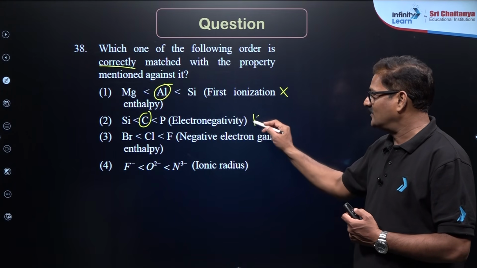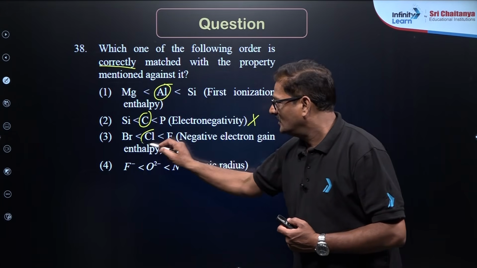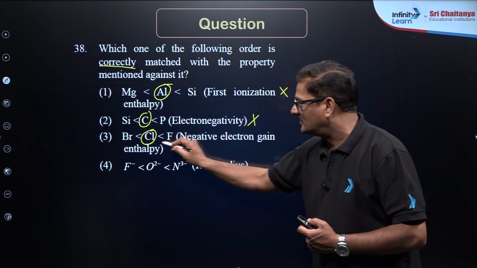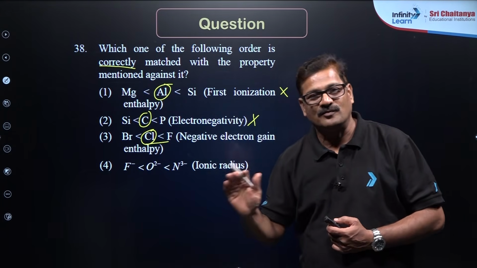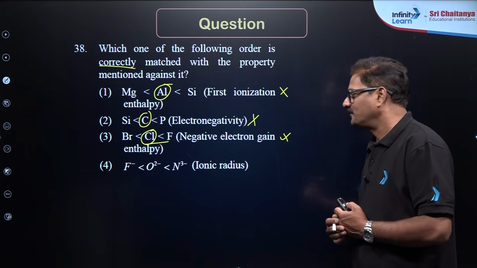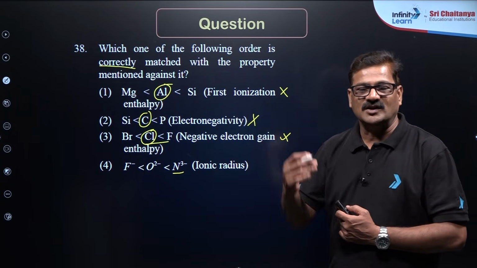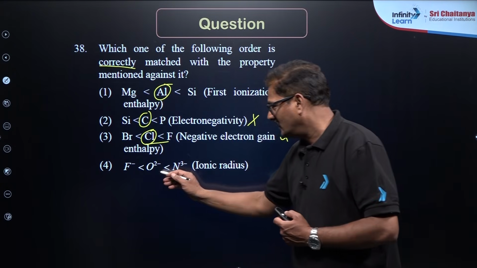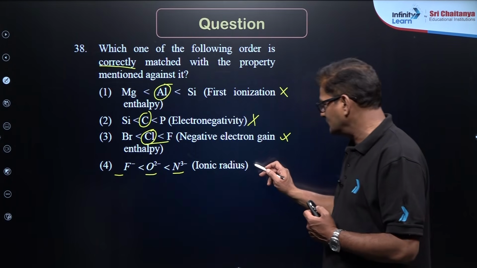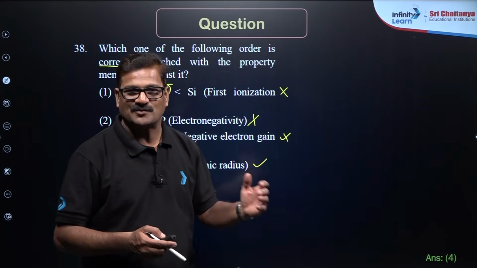It is not correct. Negative electron gain enthalpy: chlorine is greater than fluorine, it is a well-known fact, so this is a wrong statement. And ionic radius: as negative charge increases, ionic radius increases. So it is correct. Option 4 is the correct answer for this question.